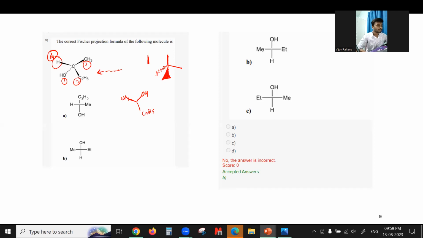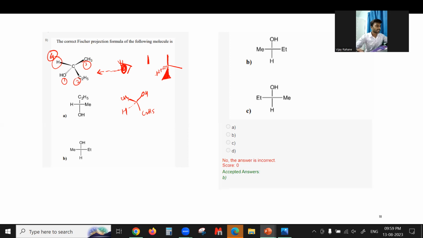If you see the molecule from the backside, what happens? This hydrogen is away from the viewer, right? If you see from this side, the hydroxy group will be on your right hand side, the methyl group is on the top, and the C2H5 will be on the left hand side.